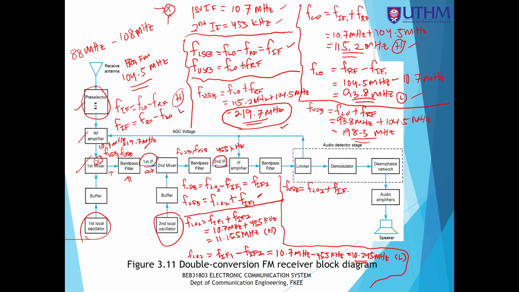Using this equation, FIF is 455 kilohertz, and I want to use a high side injection. So this is 11.155 mega plus 455k, which is 21.855 megahertz.